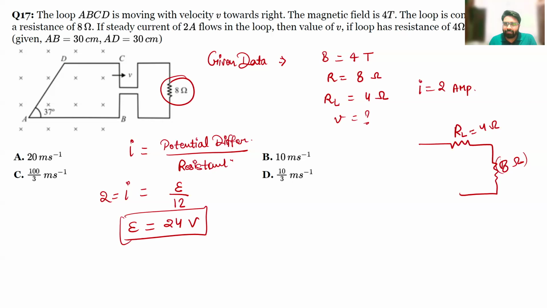One of the formulas we also know is that the EMF induced is given by L, V cross B. Here the only length which is perpendicular, if you resolve this length AD into two components, one component is in the perpendicular direction and one is in the horizontal direction.